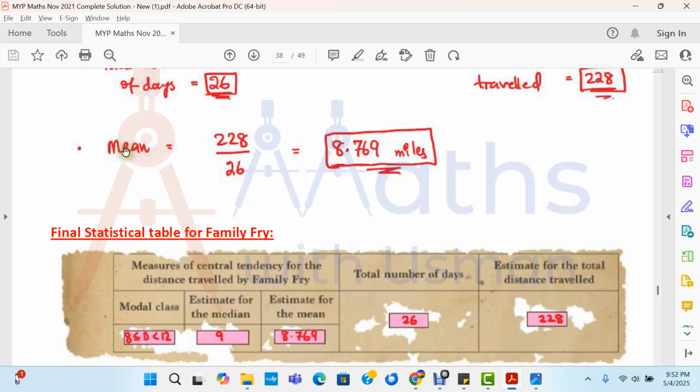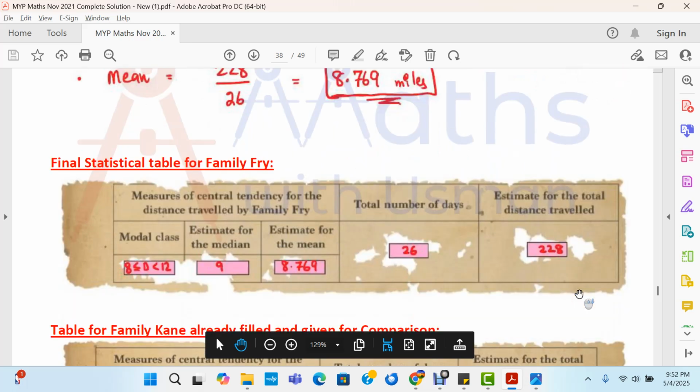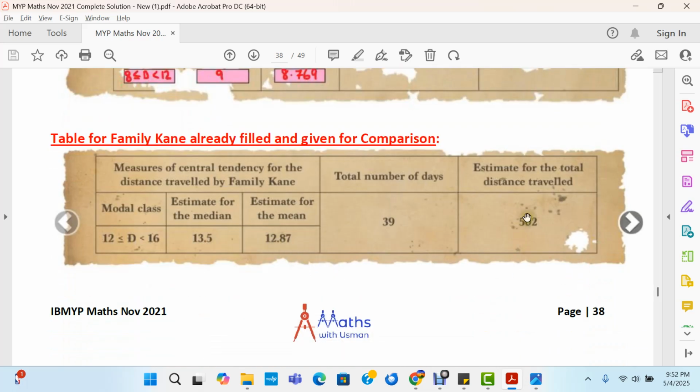So average distance traveled is equal to total distance traveled divided by total days. It's common sense that the numerator of the mean is the total distance traveled. And if you want to be sure that that formula works, why don't you divide 502 by 39? You'll get the answer of the mean, which clearly shows for the mean, this is the numerator, this is the denominator.